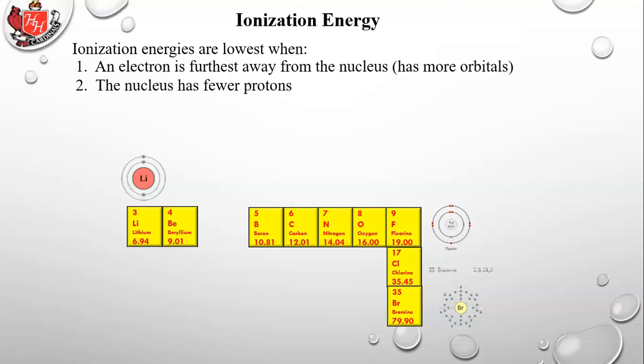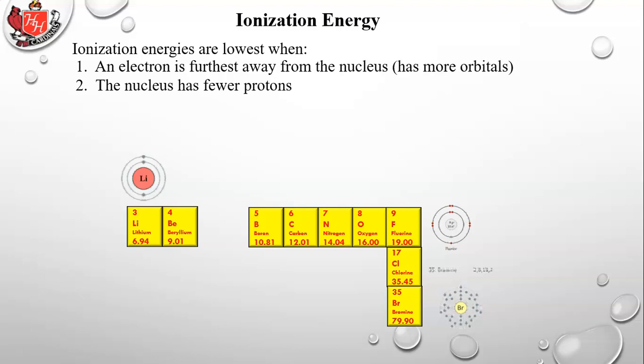Now let's look from left to right. Over on the left you see lithium. And lithium has two orbitals just as fluorine does. But lithium has only 3 protons to pull in on the electrons, whereas fluorine has 9. So the effect of the protons dominates there and means that fluorine will have a higher ionization energy than lithium.